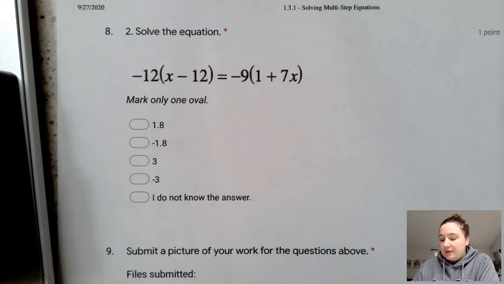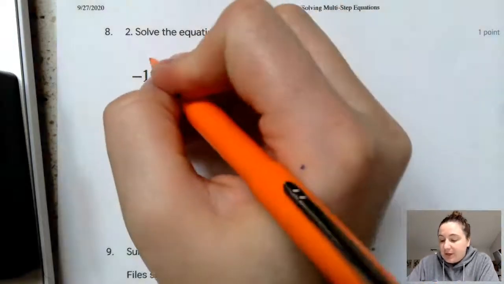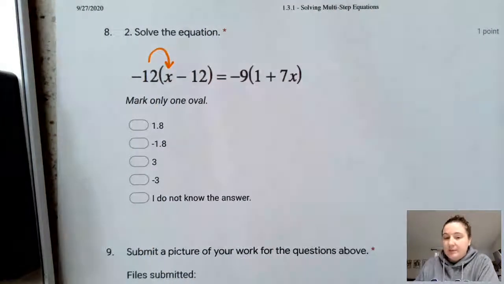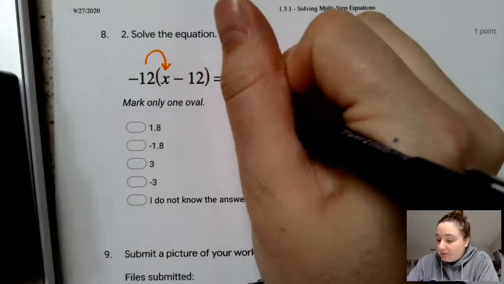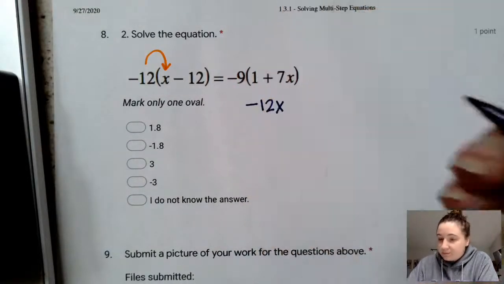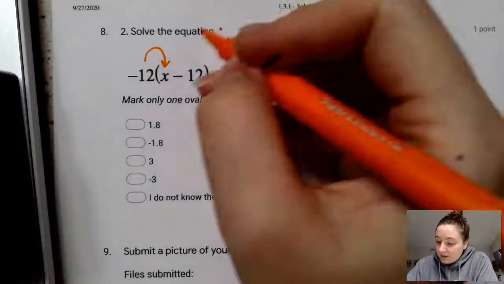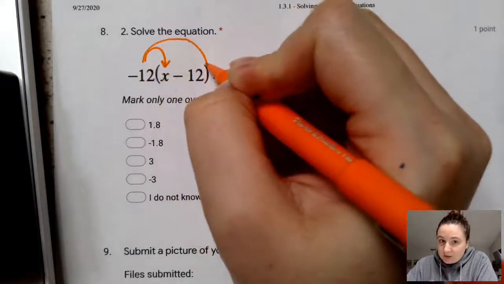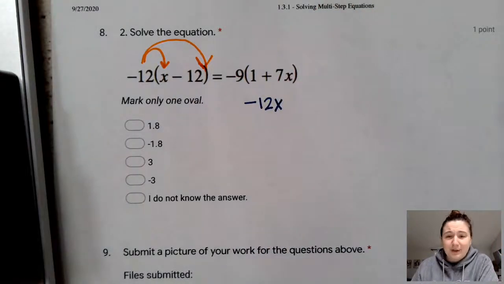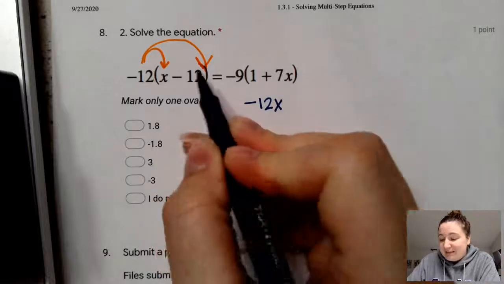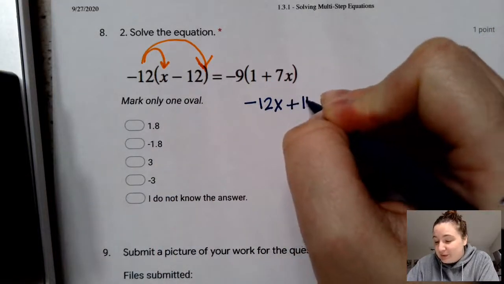So this first one, I'm going to distribute negative 12 times x to get negative 12x. Then I have negative 12 times 12. Oops, I tried to look at the screen while I was writing. Did not work out. Negative 12 times negative 12 is a positive 144.